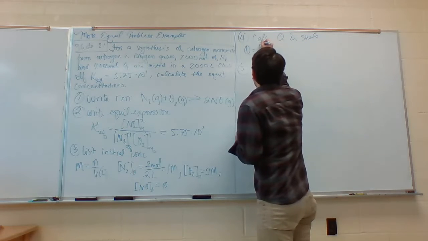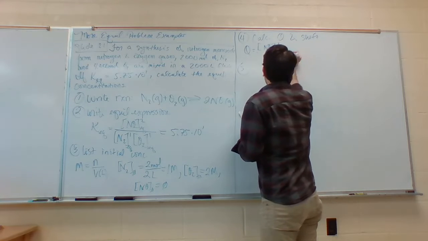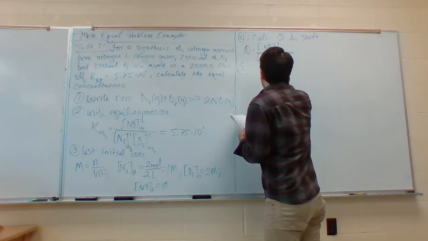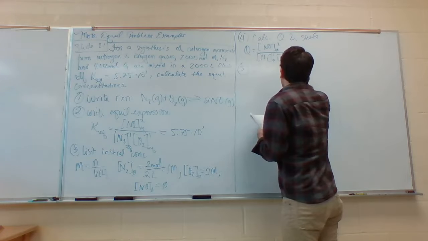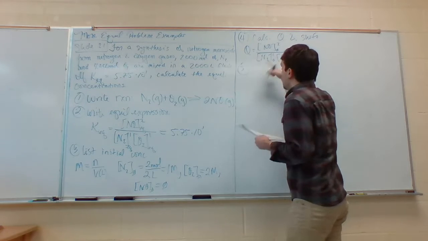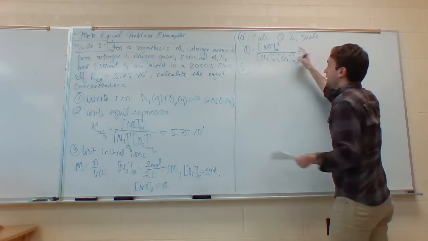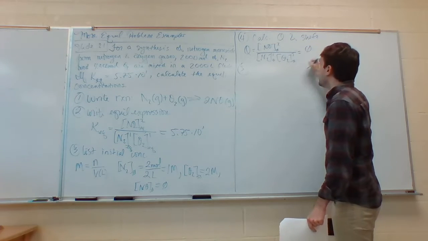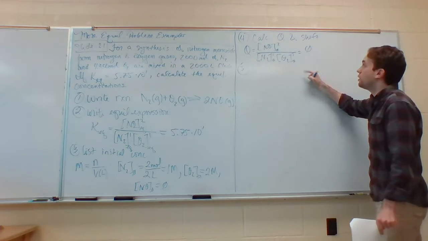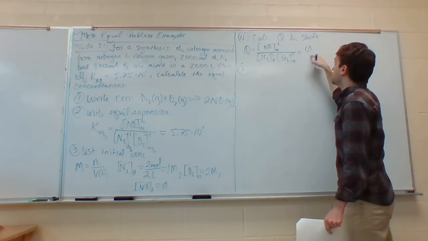So Q is equal to my concentration of NO initially squared, all over my concentration of nitrogen initially to the first and my concentration of oxygen initially to the first, again using my stoichiometric coefficients from my reaction. Plugging in the values that I have, my initial concentration of nitrogen monoxide is 0, and I could plug in those other numbers, or I could just realize that overall 0 squared over some numbers is going to be 0.